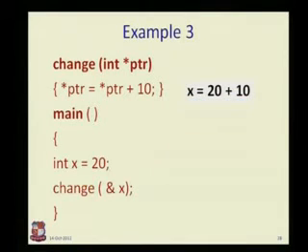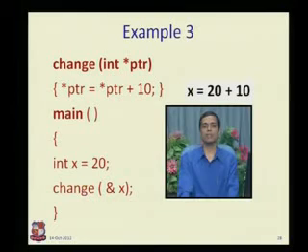Because I passed this address. x is having 20; the address I do not know, it could be anywhere in memory. So I have just passed the address. I do not need to remember the address. I need to pass the value, but I do not know where it is stored, so I pass the address. Address x I have passed to change, and in change, star ptr is equal to star ptr plus 10. So that means now ptr is pointing to x.